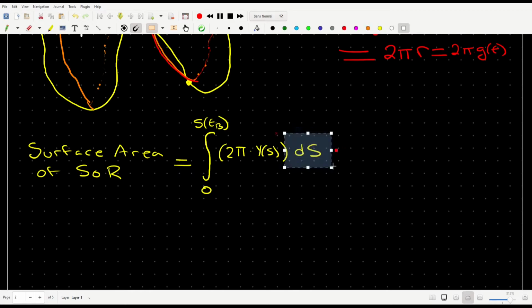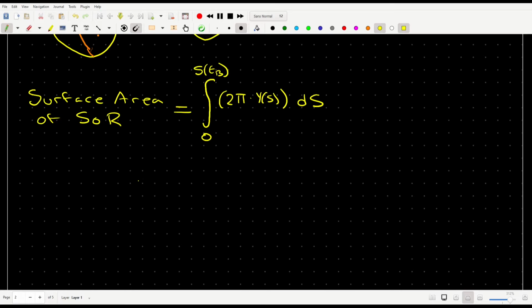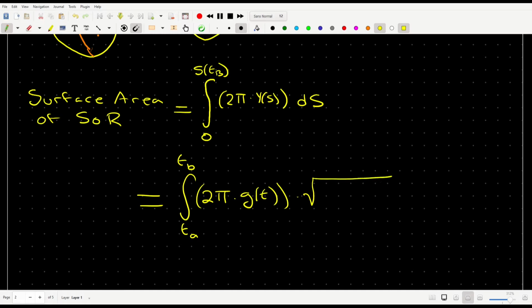But in terms of practically evaluating this, we have to use the parameterization. So the formula does become a little bit longer. This is going to become the integral from ta to tb in terms of our parameterization of 2 pi times g of t, and ds, like we mentioned at the beginning of lecture, is the square root of f prime of t squared plus g prime of t squared dt.